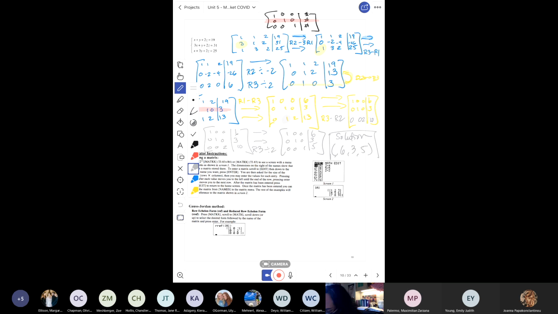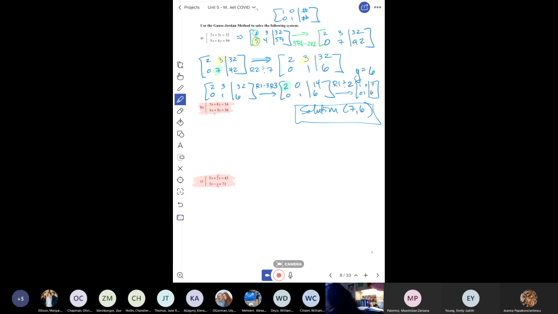Okay, so we'll talk about calculator instructions tomorrow, entering matrices in the calculator. What I'd like you to do right now is go back, do this problem, and do these 2 problems, and check your answers. Let's do those right now.